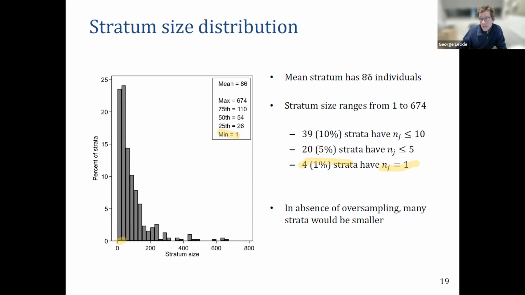So the mean stratum size is 86 individuals, but it's obviously another skewed distribution. So the median is less, just 54 individuals in the typical stratum. Now, in absence of oversampling of those hard to reach groups, Hispanics, Blacks, that we saw earlier, we would have had even more imbalance typically.